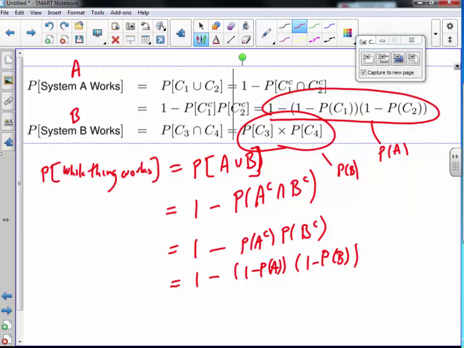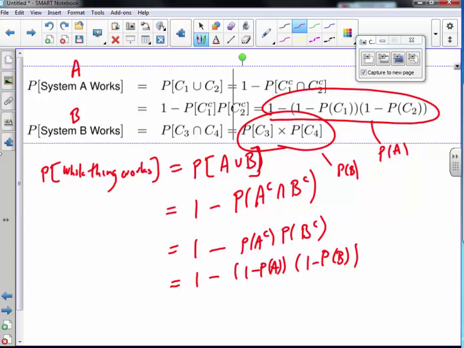But it's going to simplify somewhat if all the probabilities were the same. If I could set P of C1 equal P of C2 equal P of C3 equal P of C4, in that case, it will simplify somewhat.